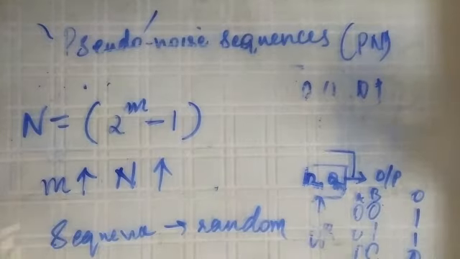Now moving forward, let's look at the properties of these maximum length sequences. We have 3 main properties which you have to cover. Once you understand the properties, it's interesting, and you can easily put it down in your papers without much reference to your notes.